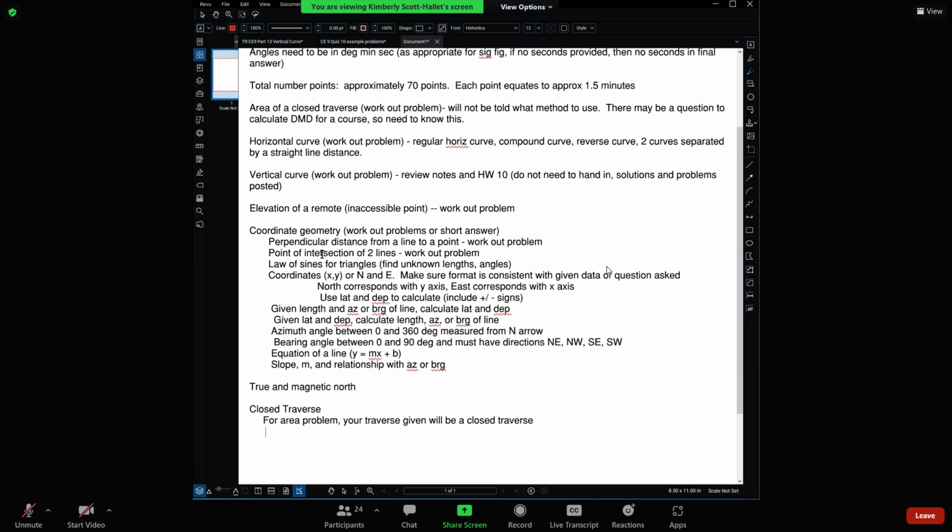However, you still do need to know how to close a traverse. So a couple things we talked about. The sum of the interior angles needs to be equal to n minus 2 times 180.